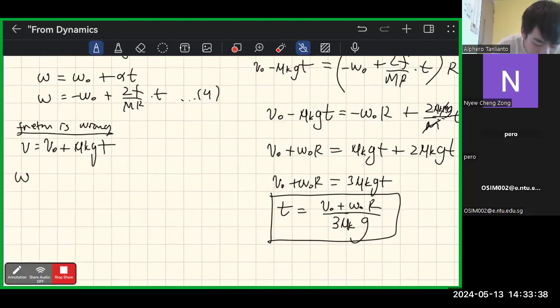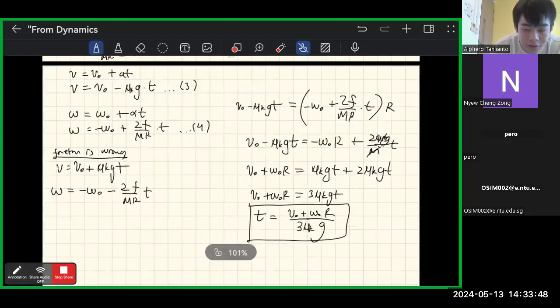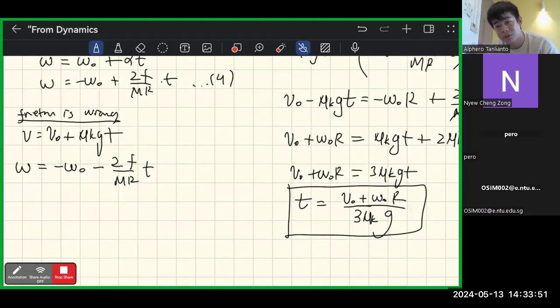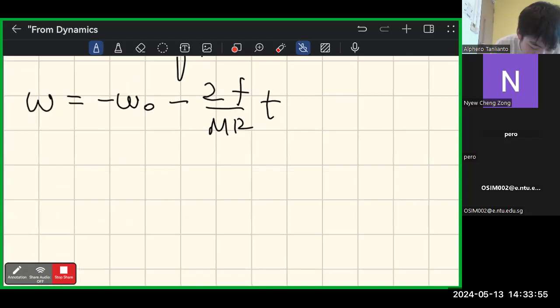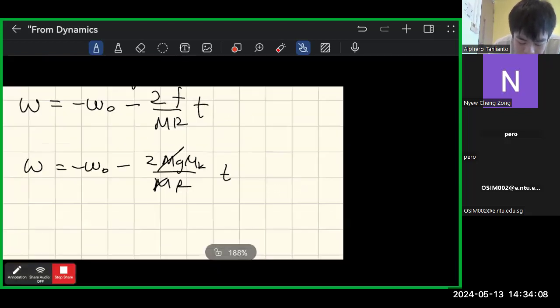And the omega here equals negative omega naught negative 2F over mR. Let's just say we switch the direction because we have the wrong friction. So omega equals negative omega naught negative 2 mg mu over mR. Let's just do it this way.